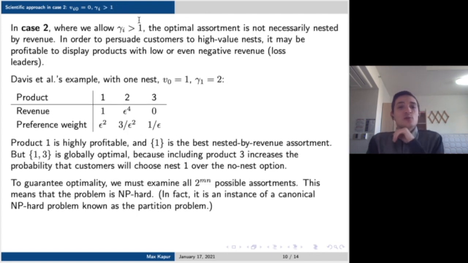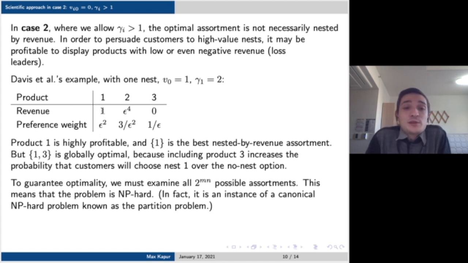In case 2, we allow gamma to exceed 1, and this means that the optimal assortment is not necessarily nested by revenue. The example they give here has just one nest, and if you look at just the nested by revenue assortments, then the optimal assortment is to offer just product 1 here, which has very high revenue associated with it.